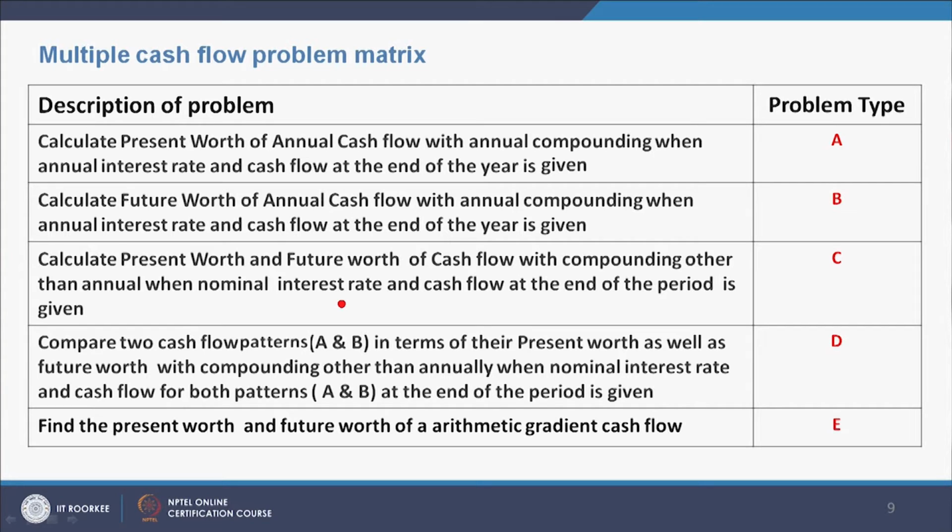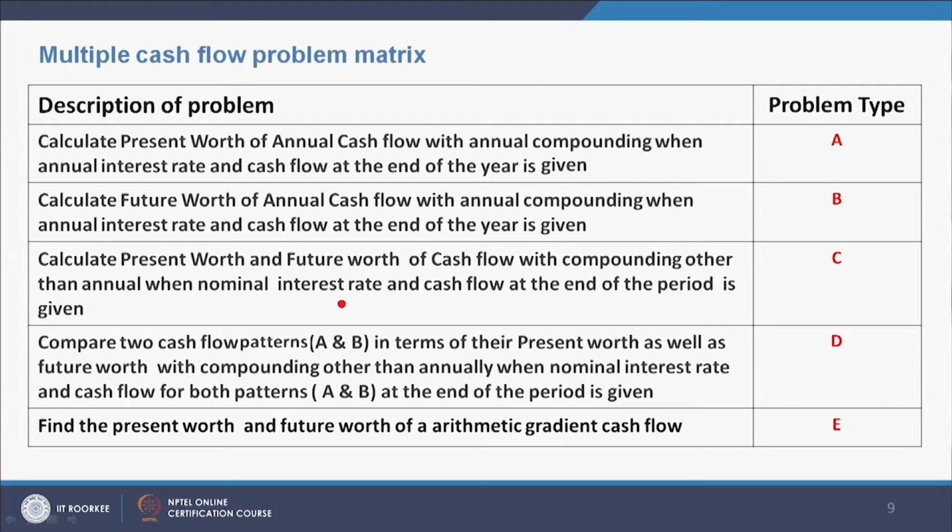Such a problem will be called problem type B. Calculate present worth and future worth of cash flow with compounding other than annual when the nominal interest rate and cash flow at the end of the period are given. We will call this problem type C.